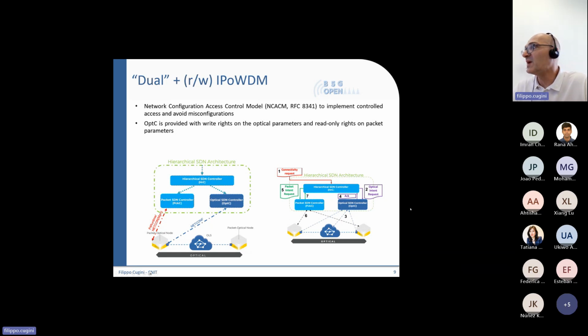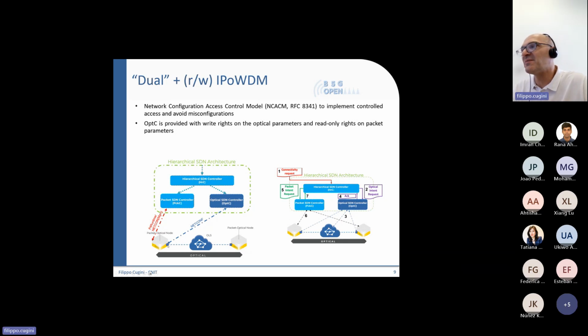So this configuration is simpler. However, it requires that this node has dual connectivity to two different controllers. In principle, this can be done. There is also a specific standard described in this request for comment, RFC 8341, that specifies that it is just a matter of authorization.